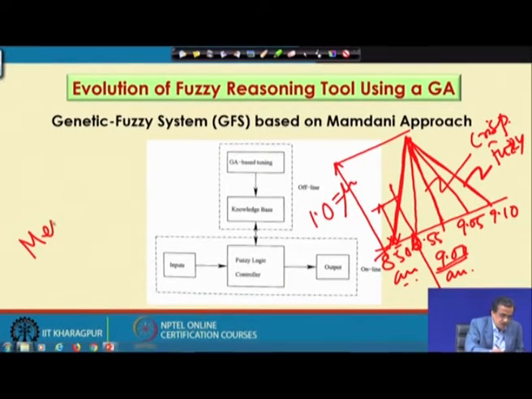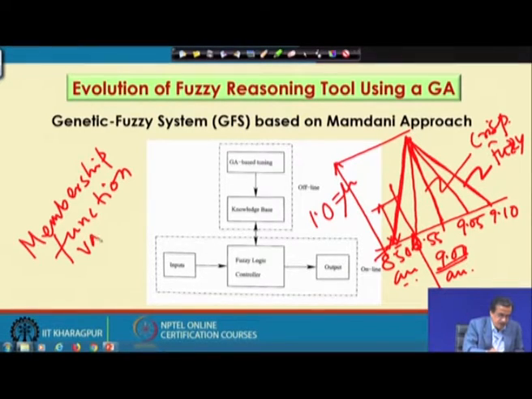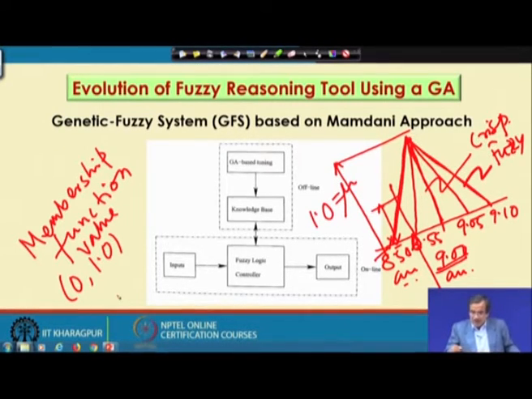So, mu is the membership function value, and it varies from 0 to 1. The range is 0 to 1, and here the student who is going to reach at 8:55 is said to have reached at 9 with some membership function value less than 1, might be 0.5, 0.6, whatever may be.